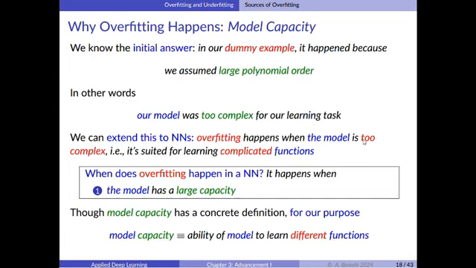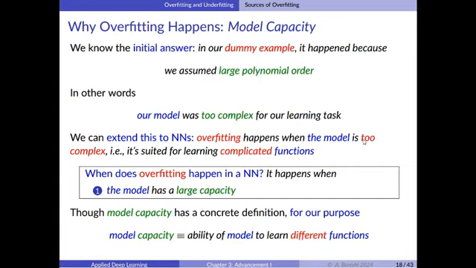Okay, so overfitting happens when our model is very complex, and it's suited for learning complicated functions, so overfitting happens when the model has a large capacity.